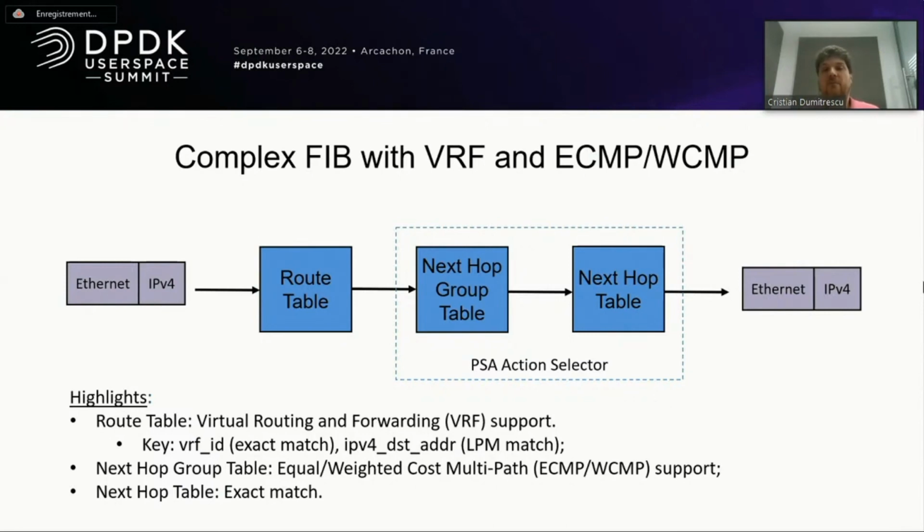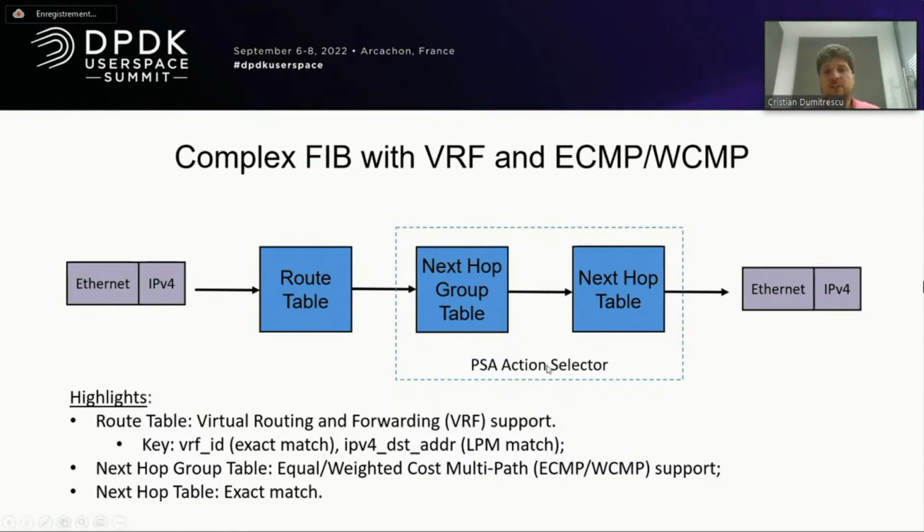But they are all melted into the same physical routing table. So the lookup key for the routing table is not just the IP destination, which is an LPM match field, it's also this ID of VRF that needs to be an exact match ID. And essentially, this is the logical routing table within the physical one.